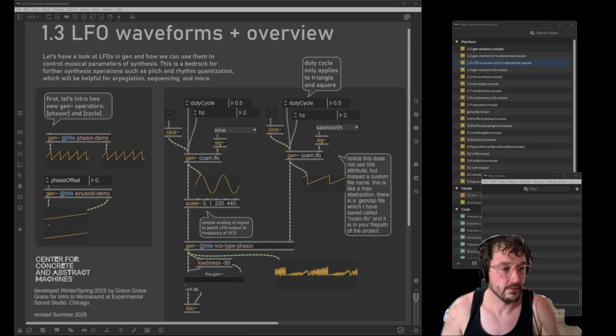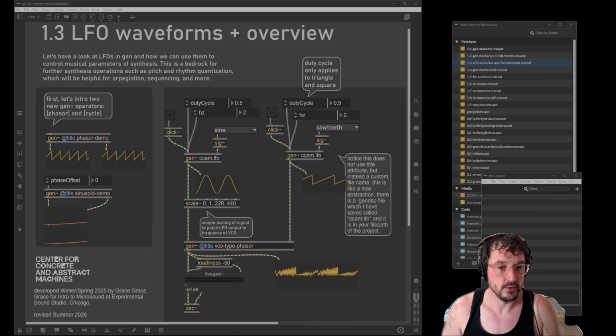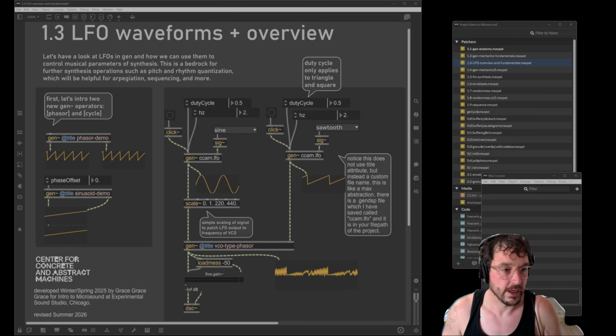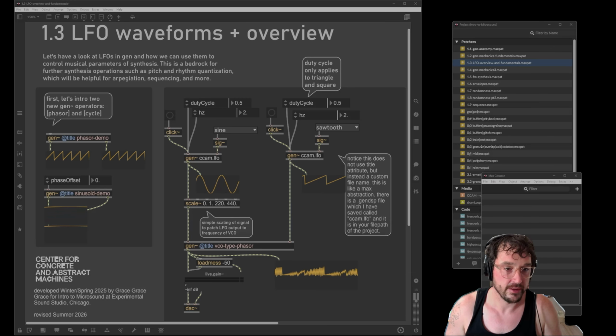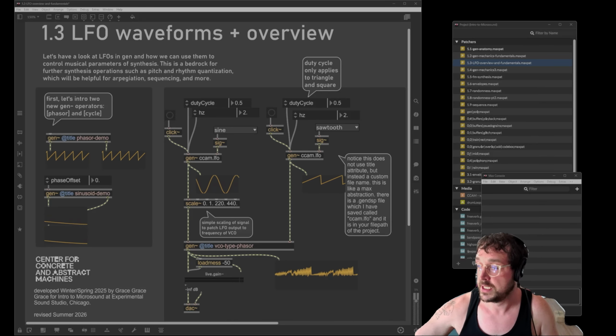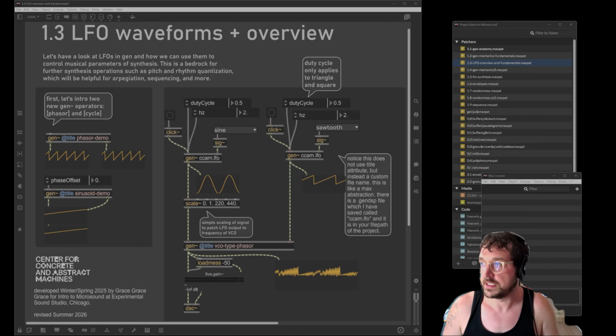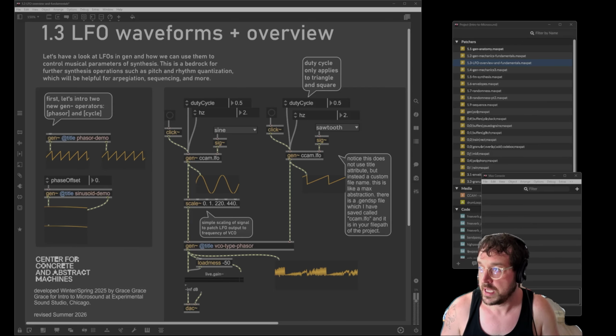I think when we are working with Gen, it's important to understand that we're working a single sample at a time. And also, I want to get us to making some sound a little more quickly here. So I'm excited to share that. Just a couple more fundamentals here, and then we're going to turn our attention to LFOs so that we can start controlling time, amplitude, and pitch.